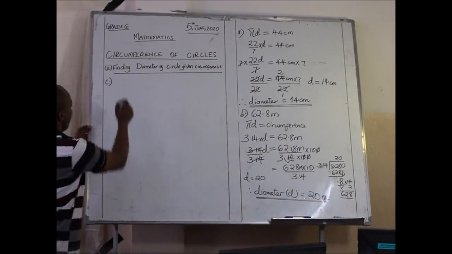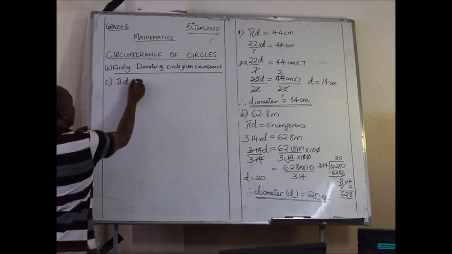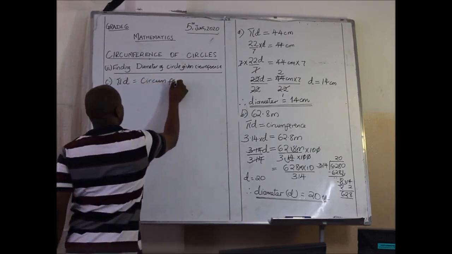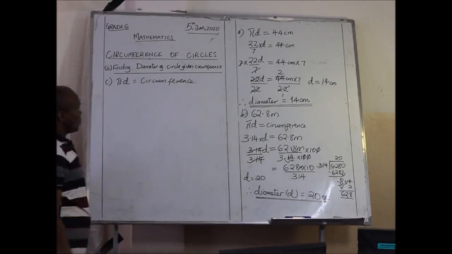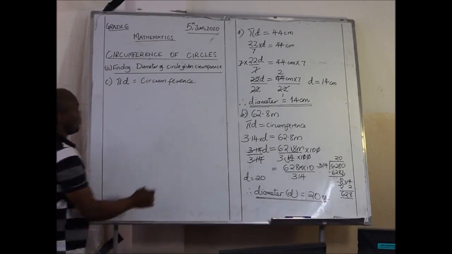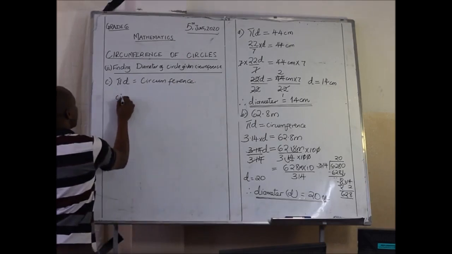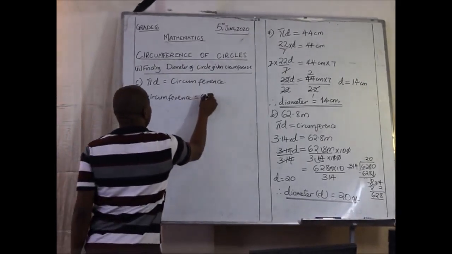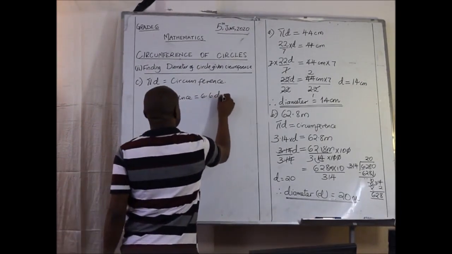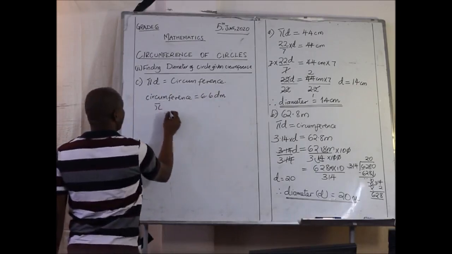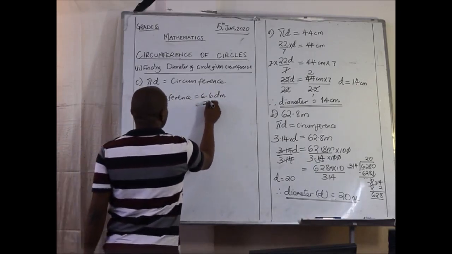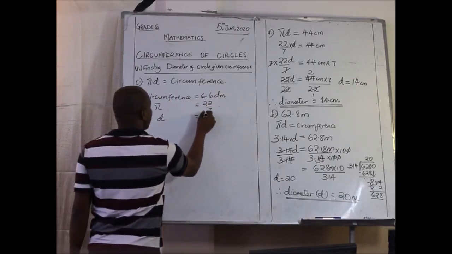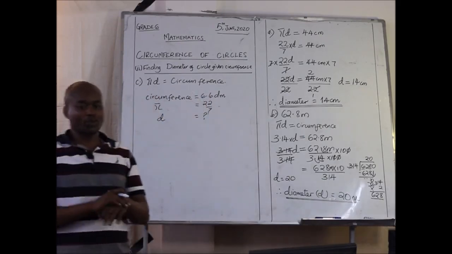So you will note pi d equals circumference. Our circumference is 6.6 decimeter. Our pi that we're going to use is 22/7. And the diameter we have not been given. We are looking for diameter d.